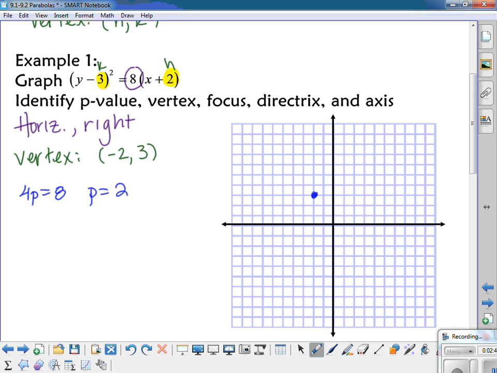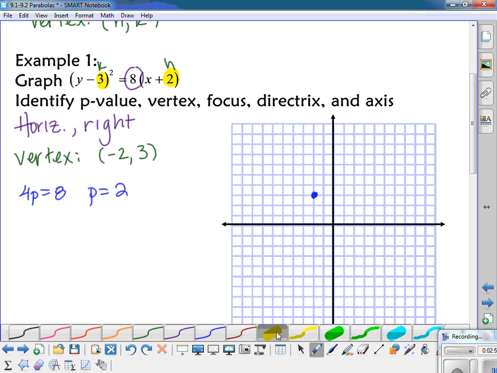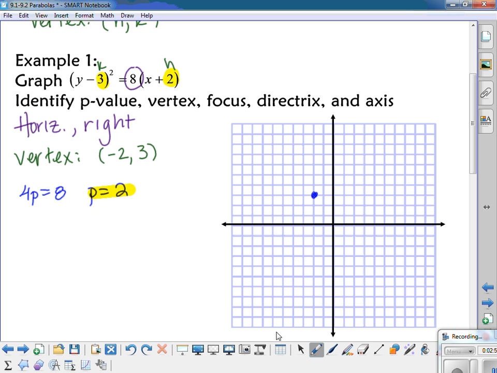So from the vertex, I'm going to go horizontally to the right 2 spaces because p is equal to 2. And so my focus ends up being at (0, 3). So you have to figure out where the parabola is going to figure out where to put the focus.